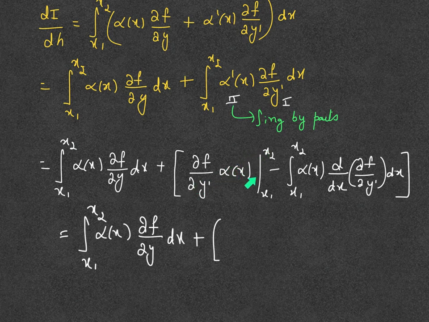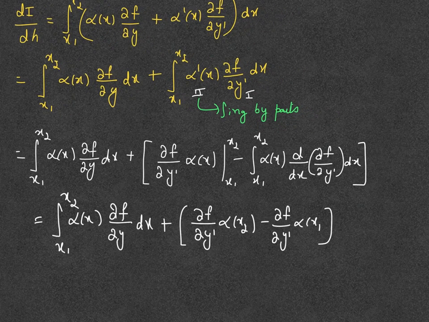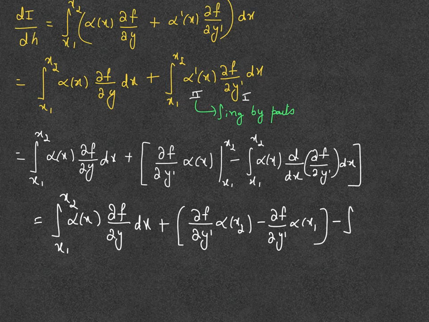When you substitute the upper limit and the lower limit, what you get is dou f by dou y dash alpha x2 minus dou f by dou y dash alpha x1, and the other integral keeping as it is, that is minus integral x1 to x2 alpha x d by dx of dou f by dou y dash dx.